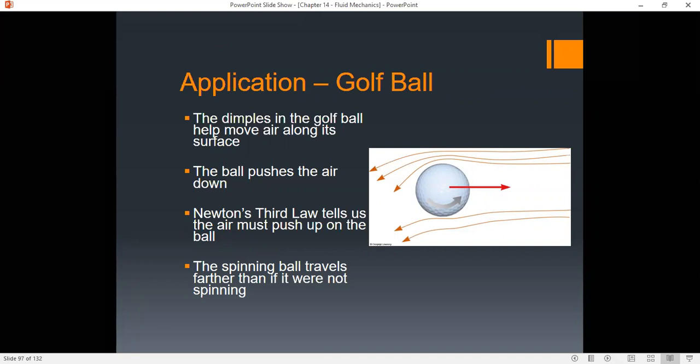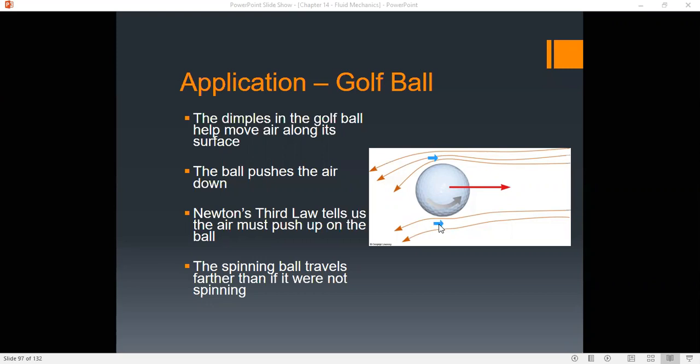You know that an airfoil is shaped so the air goes faster above it than below it. So there's lower pressure above than below. But we also see the same effect on spinning objects in a process that we call the Magnus Effect. Now, if the fluid is flowing faster above the golf ball than below the golf ball, we have lower pressure above than below.